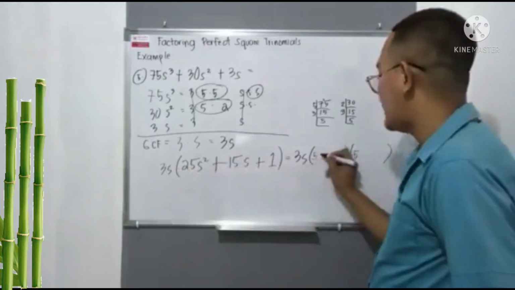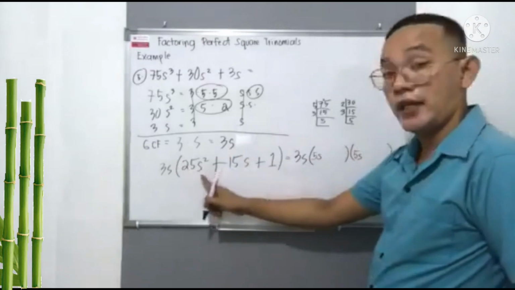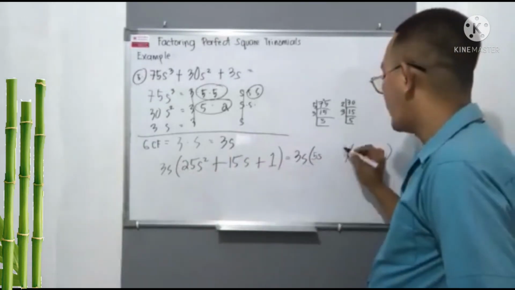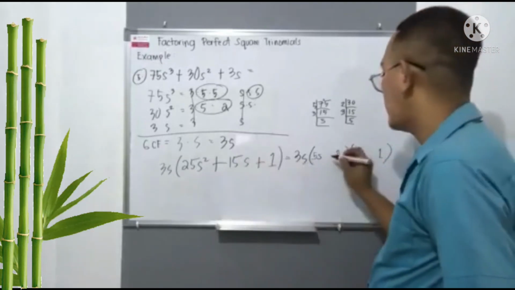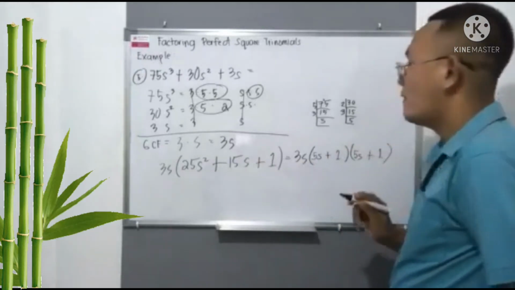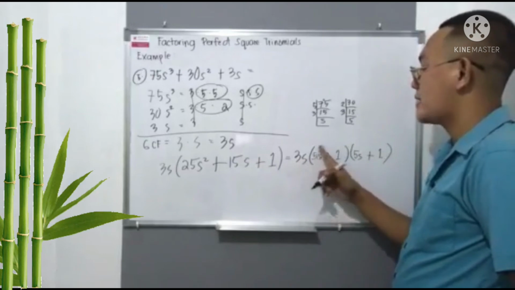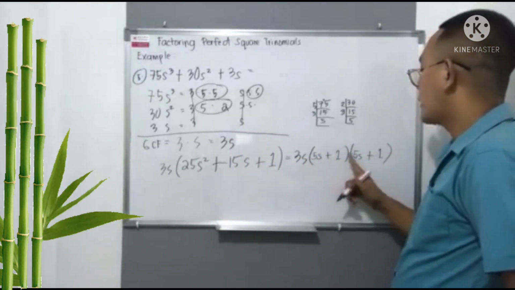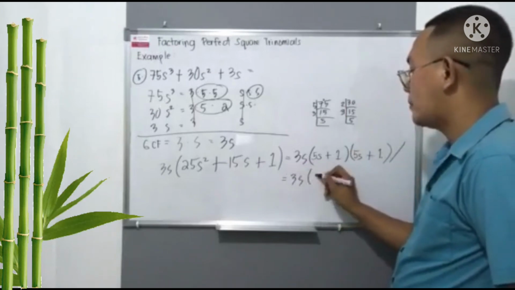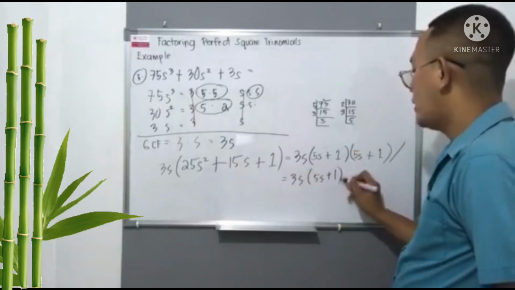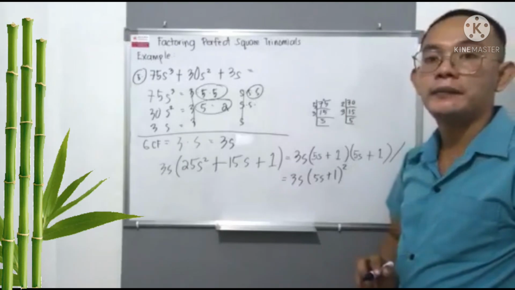The root of s squared is s times s, s squared. Next, the root of 1 is 1 times 1. Middle sign natin is positive, so magiging plus sila. Final answer natin, 3s times 5s plus 1 times 5s plus 1, or pwede ring 3s times 5s plus 1 raised to the second power.